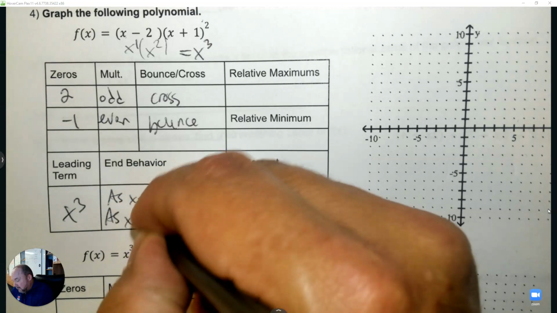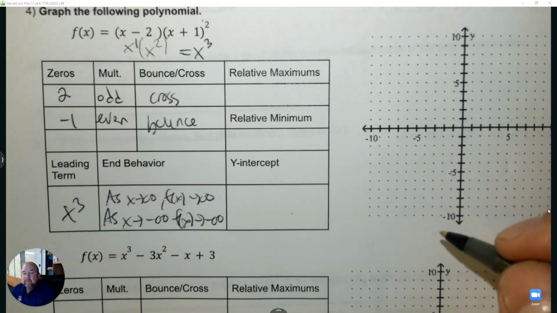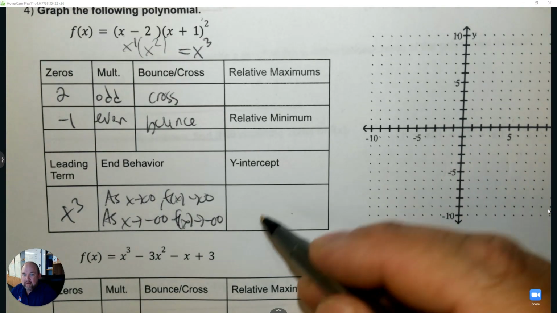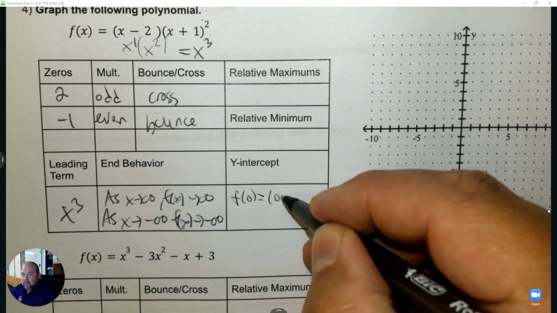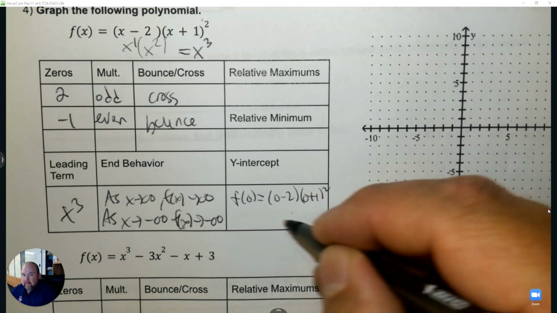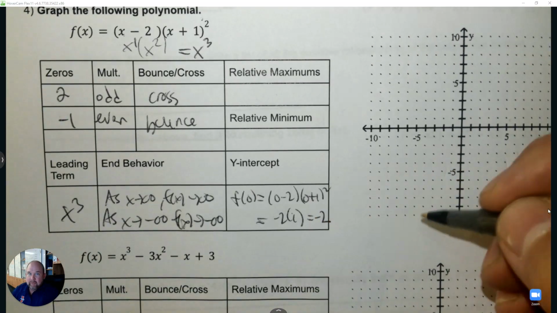As x approaches -infinity, the function goes down. The y-intercept, if you plug in 0, it's 0 minus 2, and 0 plus 1 squared. That is -2 times 1, which is -2.